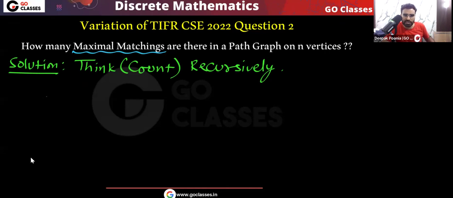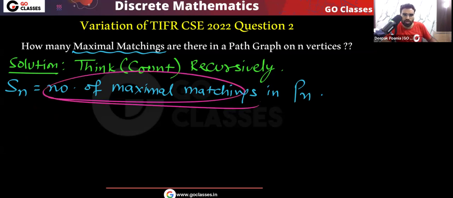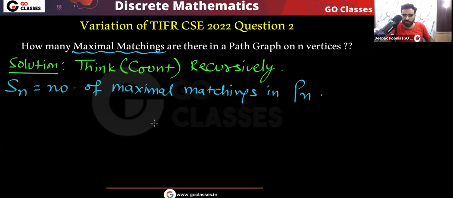Okay, so let's assume Sn is the number of maximal matchings in Pn. Remember, I'm assuming that Sn denotes the total number of maximal matchings in Pn.